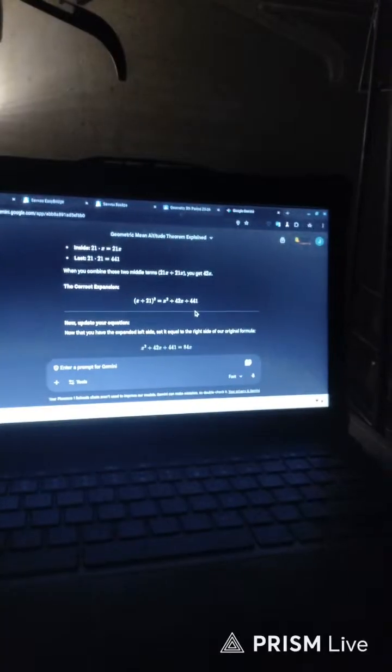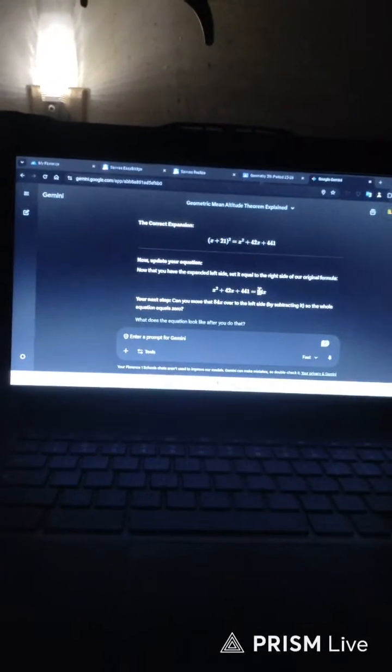So that is equal to 84x. So it's x squared minus 42x plus 441 equals 0, right?